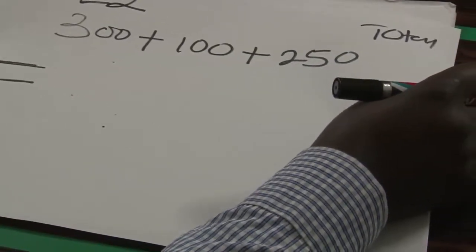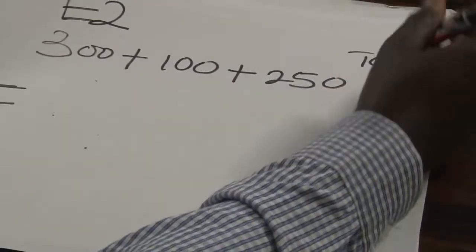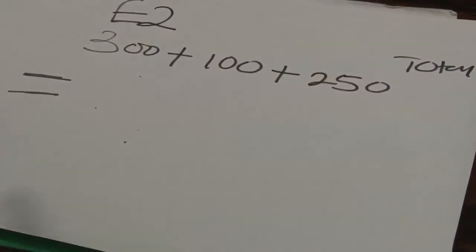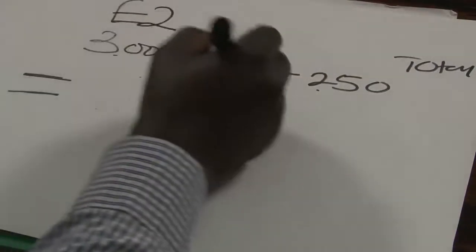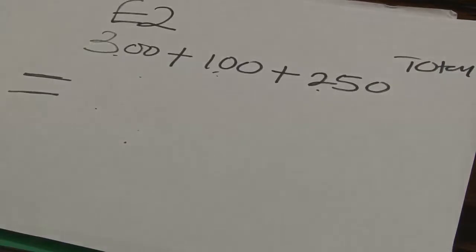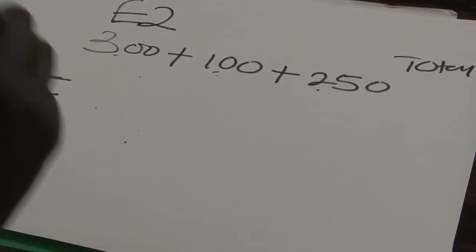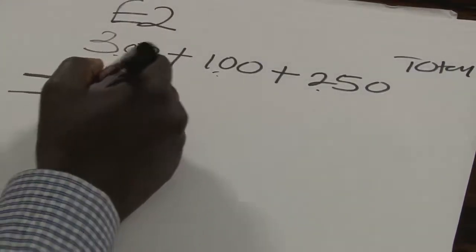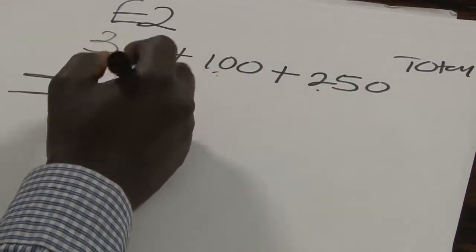I'm supposed to add these together to get the total for John. But in the computer, we don't use the numbers. We use the name of the cells where the numbers are.